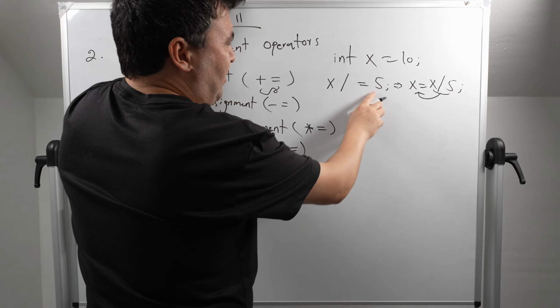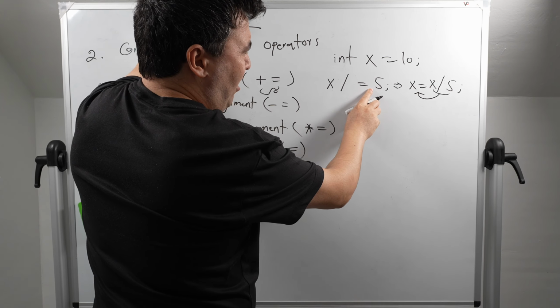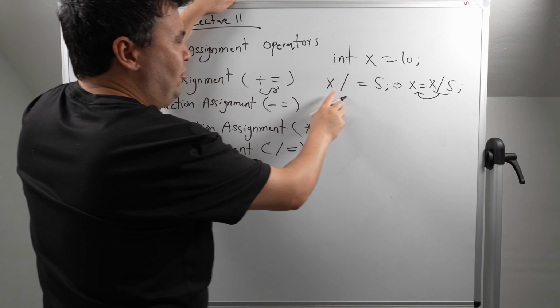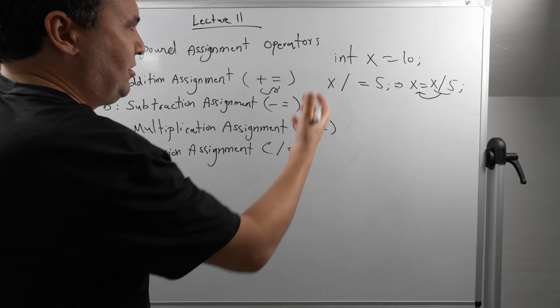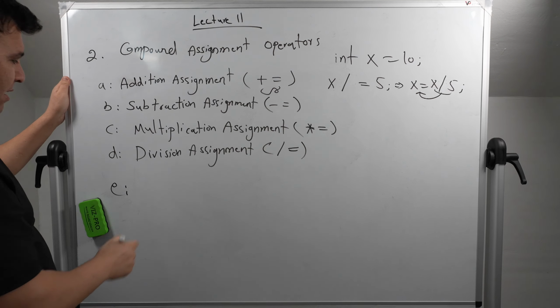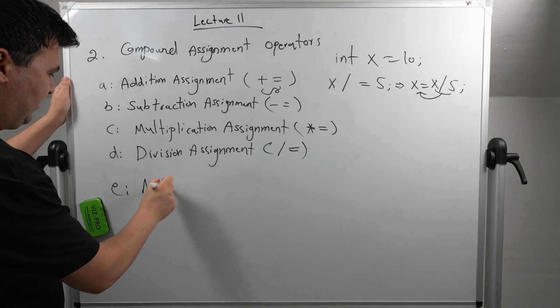So the value of x, 10, is first divided by 5, which becomes 2, and 2 will be stored inside variable x. If we print out the variable x, the result will be 2, because 10 divided by 5 becomes 2. And then we have modulus assignment.